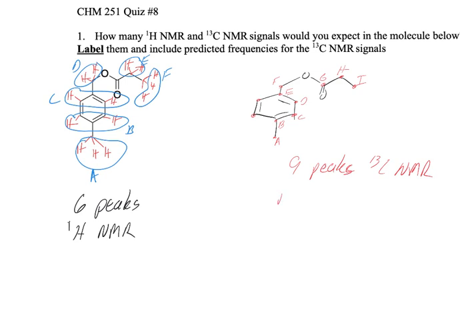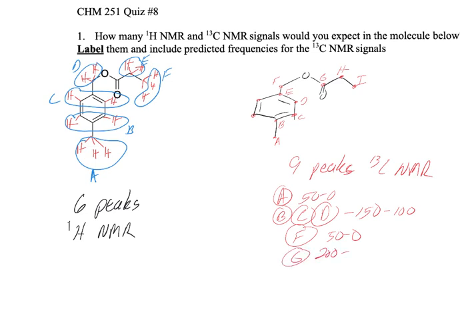So A, I'm going to say is around 50 to 0. B, C, and D are all 150 to 100. Let's see, F is probably 50 to 0. G is higher up. G is going to be 200 to 150.